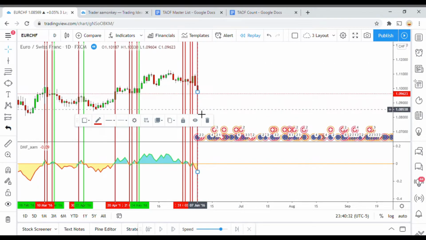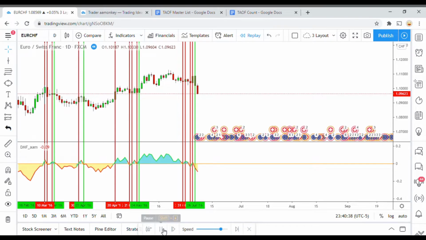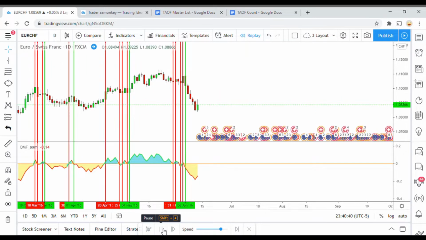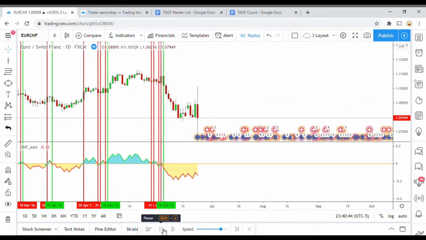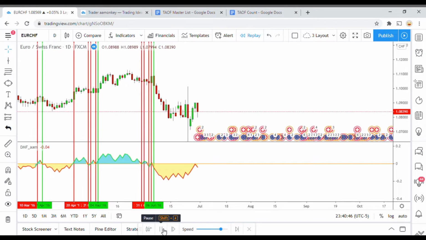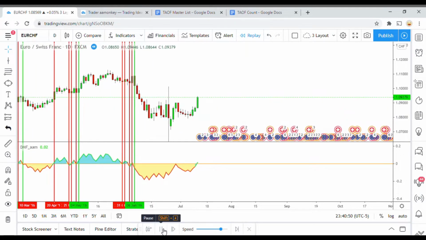And it can be super frustrating. Now, of course, you can combat that by using something like a choppiness filter, something along those lines.